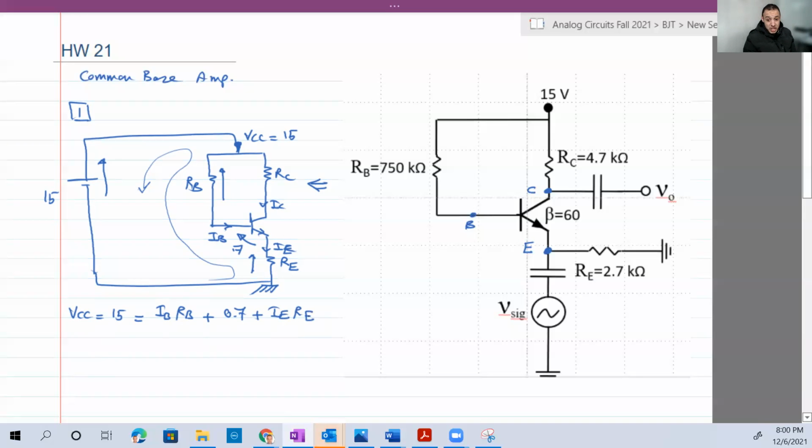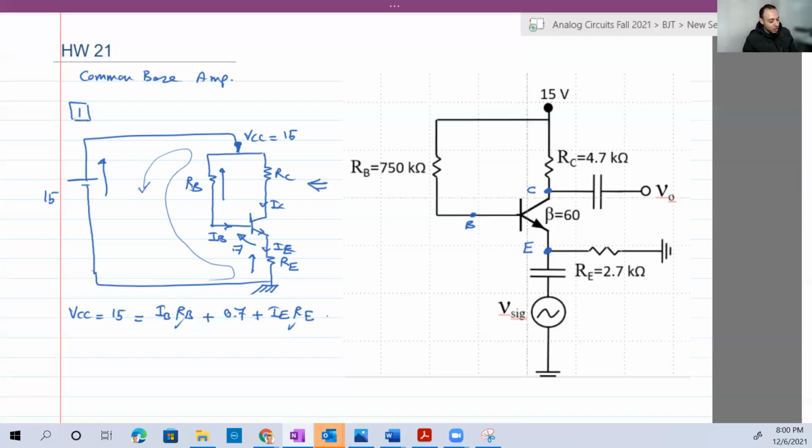If we look at this equation, we know RB, of course 0.7 is just a constant, and we know RE, but we don't know IE and IB. One may say this is an equation in two unknowns. No, my friend. This is just one unknown because IB is just IE over beta plus 1. Or you can say, I'm sorry, IE is beta plus 1 times IB. Or you can say that IB is IE over beta plus 1, whatever you like.